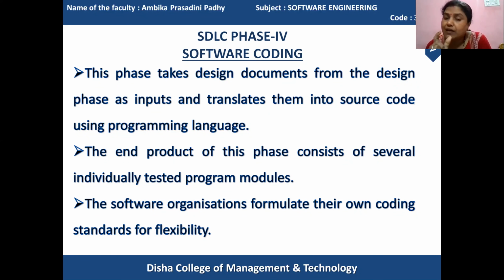Whatever information we have identified in the design part will be individually coded in different program modules. Got it? And software development organizations sometimes use their own set of programming standards for their convenience.